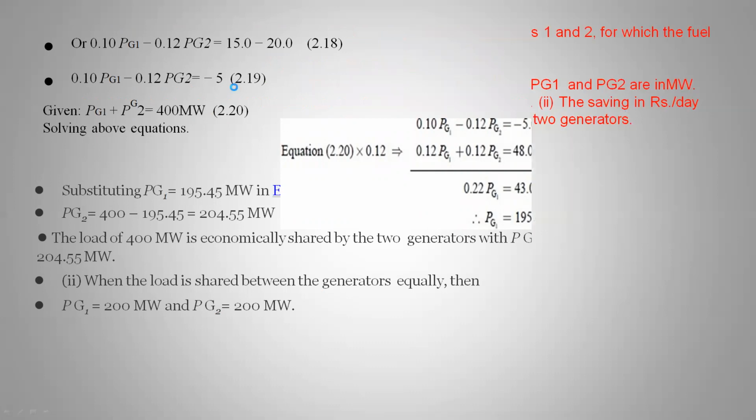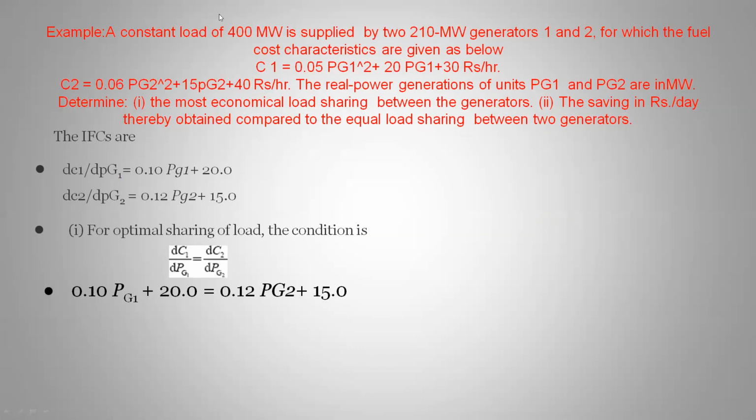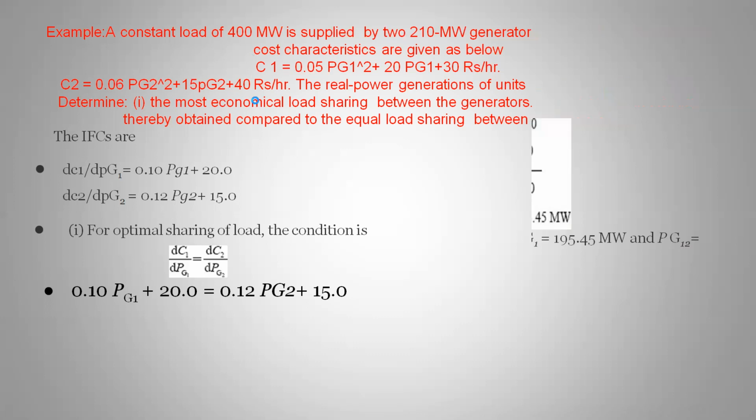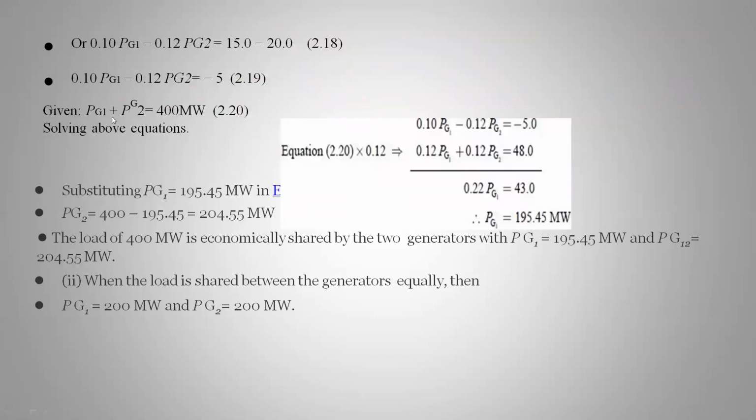Next, another point. What is the total power demand? What is the total power in the two generating stations? Pg1 plus Pg2 equal to 400 megawatt. Solving the two equations, 0.10 Pg1 minus 0.12 Pg2 equal to minus 5.